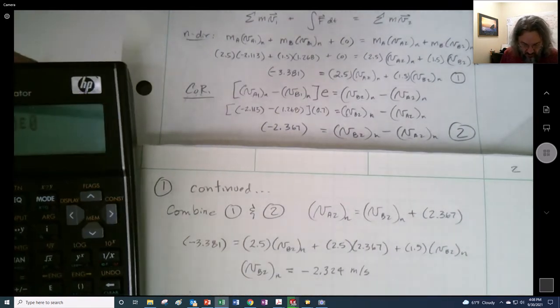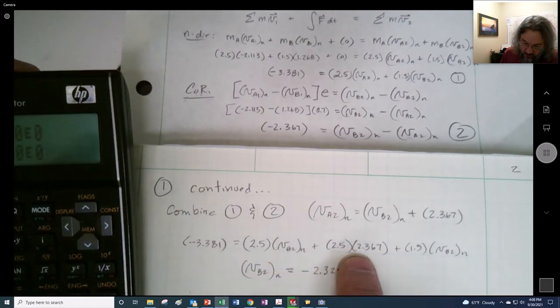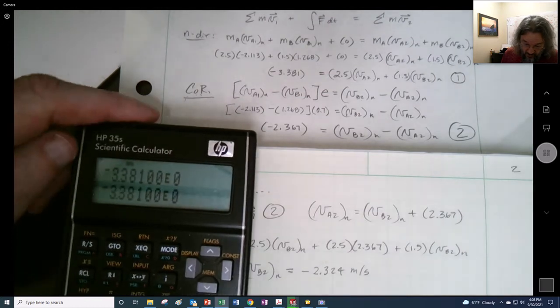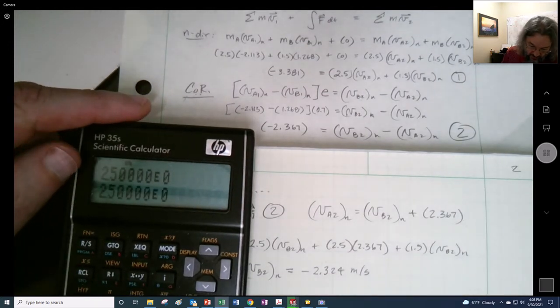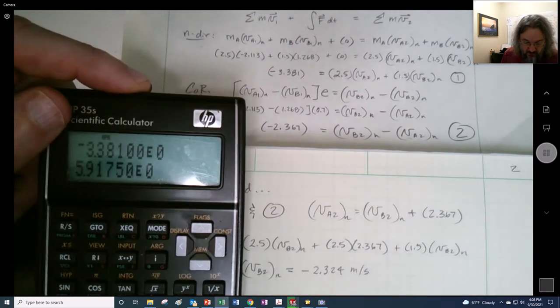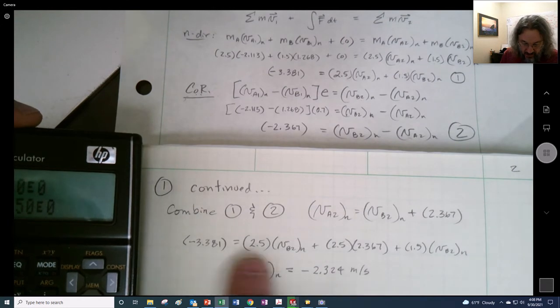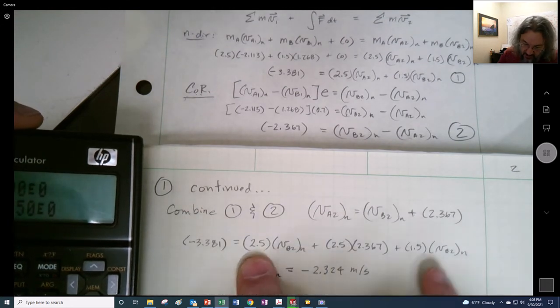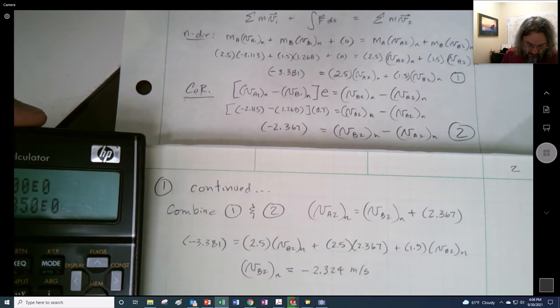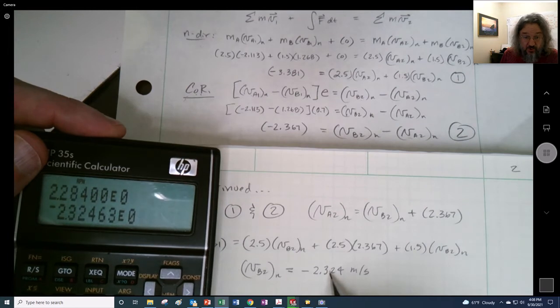So I get a 3.381. It's negative, and I have my 2.5 times 2.367, and multiply it, but that's going to move to the other side, so we subtract it. So on this side is a negative 9.298, and then we're going to add 2.5 and 1.5, should be 4, and then we can divide that out, and sure enough we get a negative 2.324.